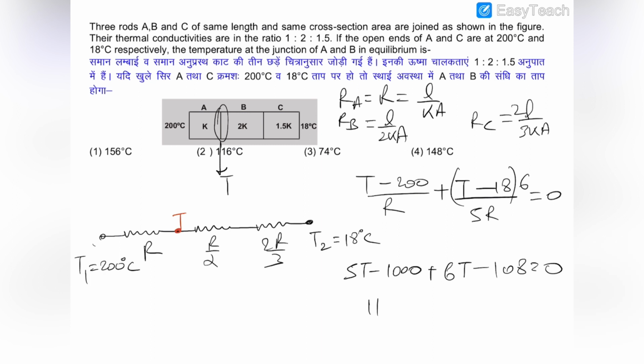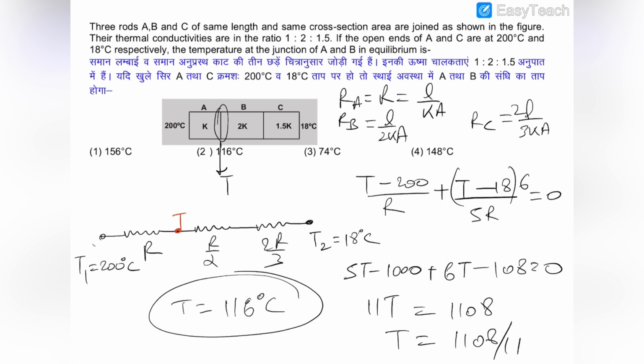So this is 11T, and this would be equal to 1108. So T will be equal to 1108 divided by 11, which is approximately 116 degrees Celsius. So the correct answer would be option number 2.